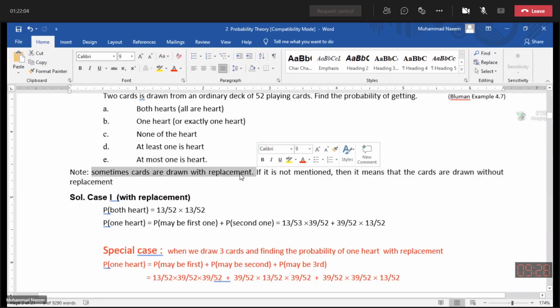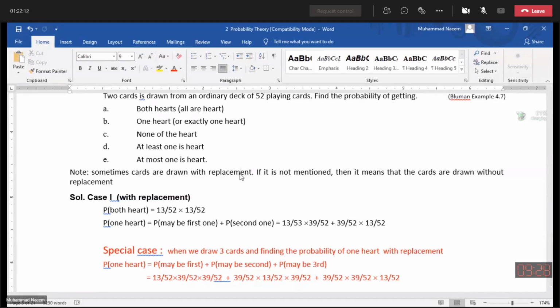If the cards are drawn with replacement, it is necessary to mention it here. What is the difference? With replacement and without replacement means we draw the first card, find the probability, or we check it and send it back to the aggregate before the next draw.